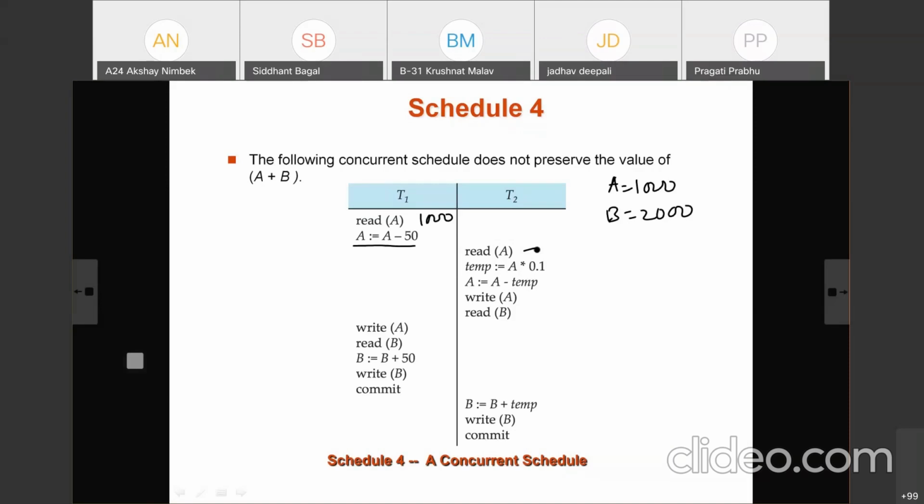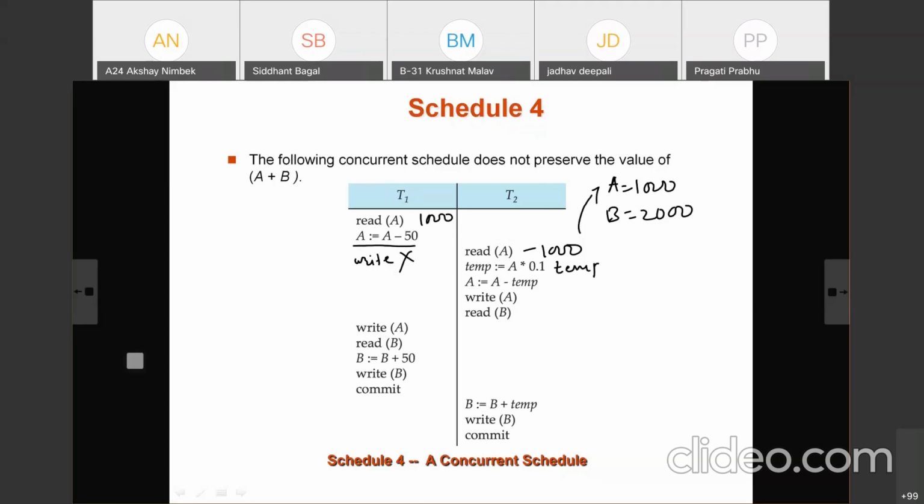Yes, it reads 1000. Why not 950? Because here the write operation is not yet performed by T1, and that's why it reads the original value of A, that is 1000. Correct?